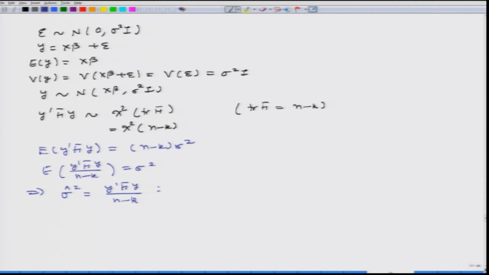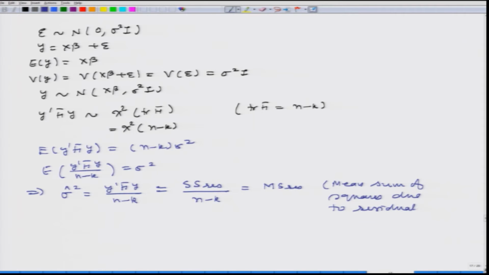This is actually nothing but the sum of squares due to residual divided by n minus k, and we define it here as MS res, which means mean sum of squares due to residual. Right. And so this turns out to be an unbiased estimator of sigma square.